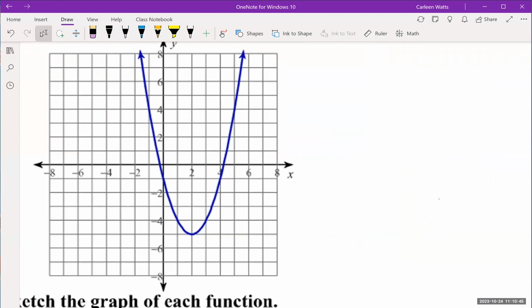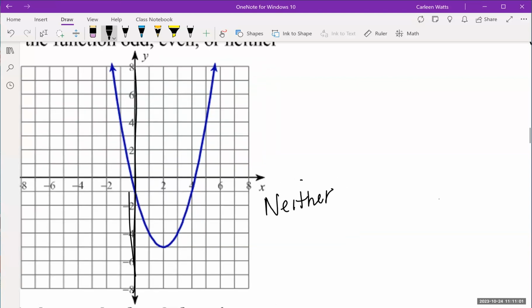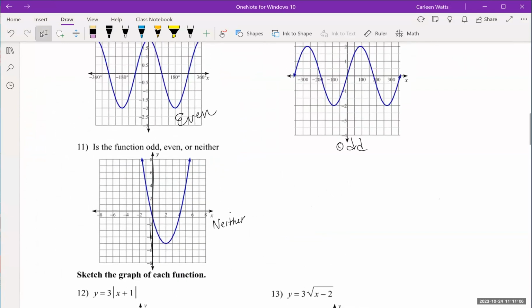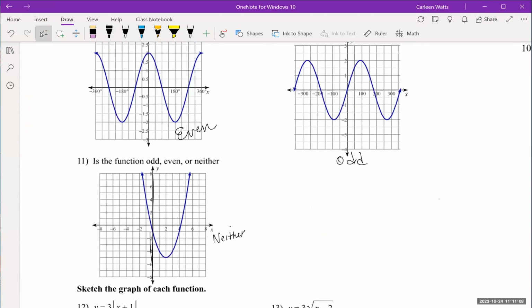Can I just fold it anywhere I want? No, it has to be on the y-axis. If I folded it on the y-axis, would it match up? No, this is neither. So, little confusing. It could be an x squared and not be even. Okay, you have to fold it on the y-axis.